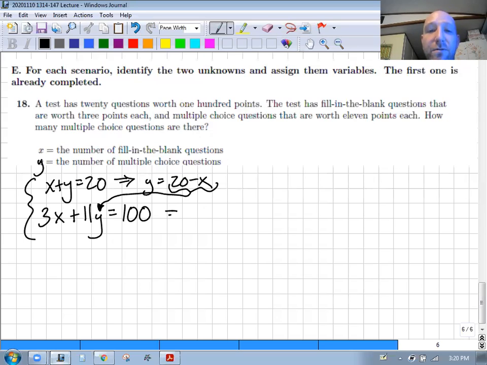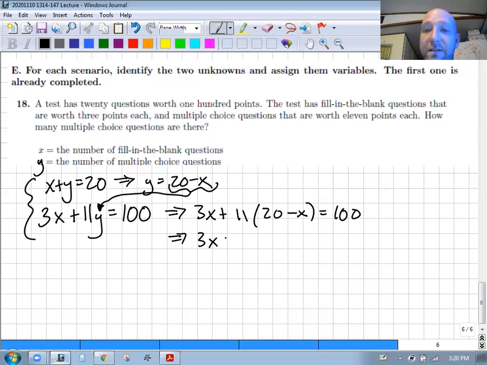That gives us an equation with only one variable. There's only an x there now. So now we can solve for x. Once we know what x is, we can plug it in here and we know what the y is.